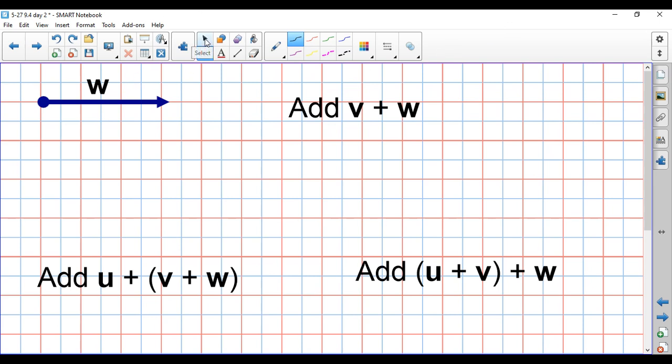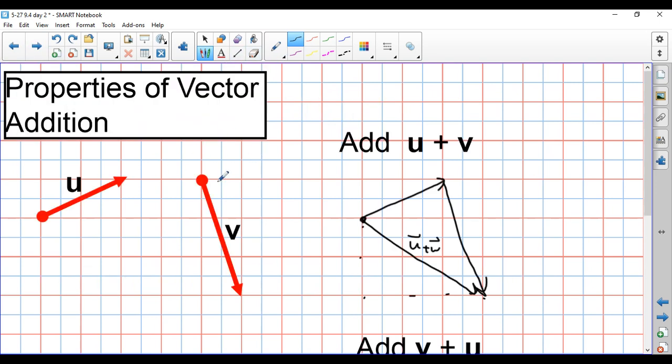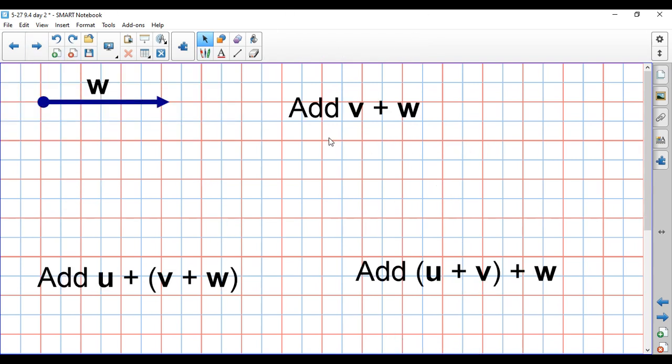Here, I'm going to add v plus w. So w and v were on the previous page. V went down 3 and over 1. Here's v. And then I add w to it.